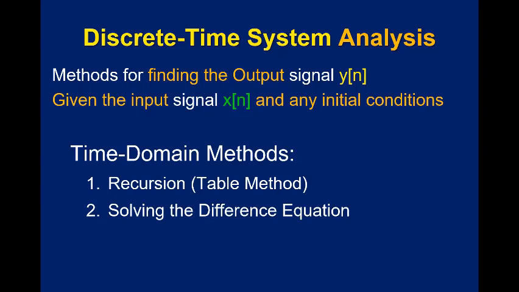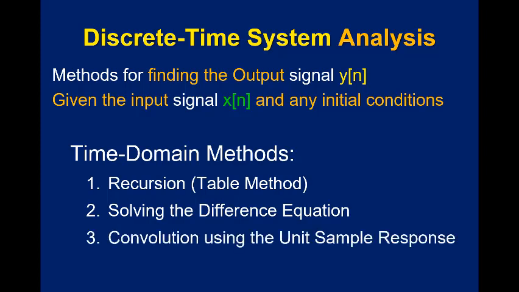And ultimately we'll come back to establishing the idea of convolution and how that works in discrete time systems, using the unit sample response as our surrogate for the impulse response. That's our next thing to conquer, how to do these things. Well, we'll do this one today, we'll learn that.